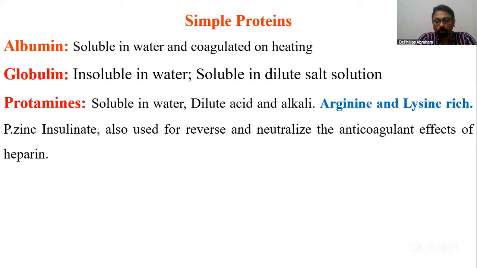Third is protamine. Here, I would like to say the importance of protamine. Protamines are soluble in water, dilute acid and alkali. They are arginine and lysine rich. See the importance of that.